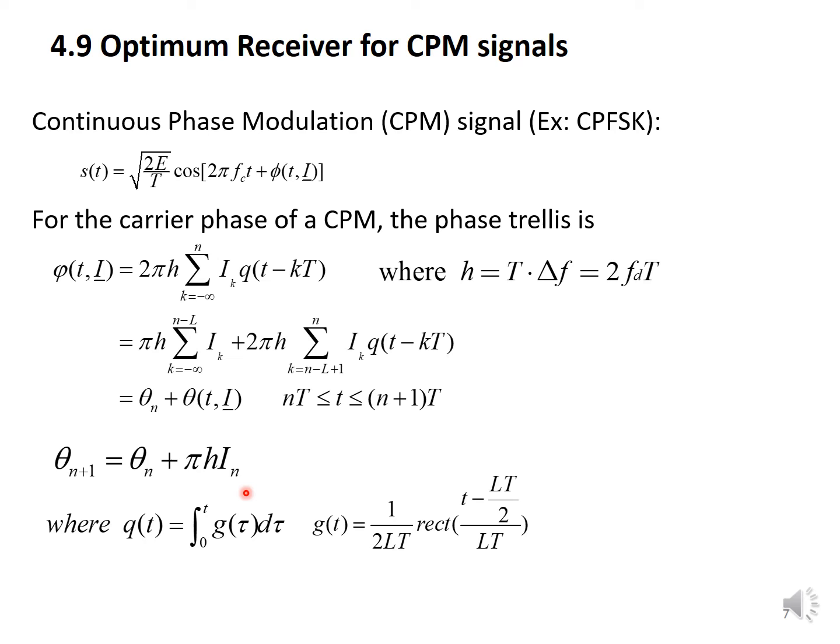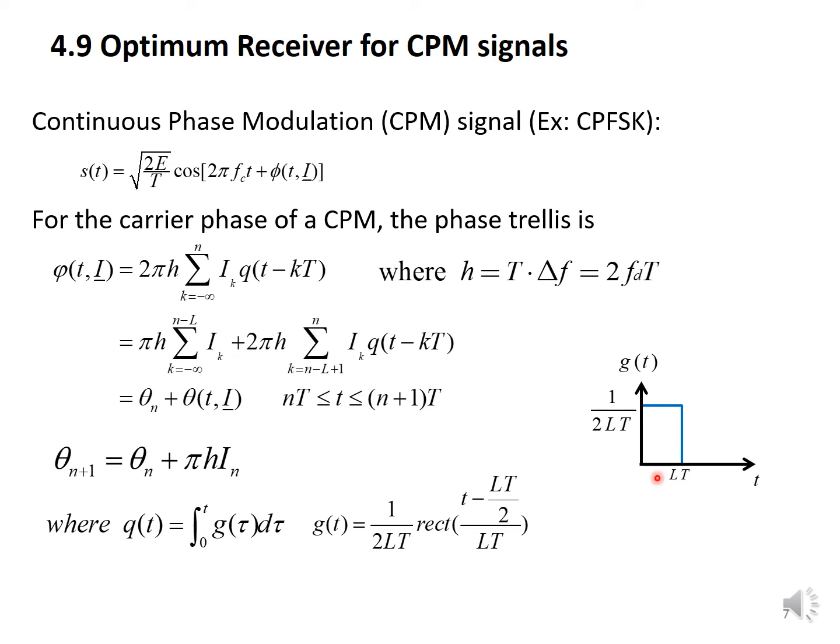And here are q(t) and g(t), and g(t) represents the pulse shaping function. For example, g(t) could be a rectangular pulse, and the length of g(t), L T, could cover L symbols.